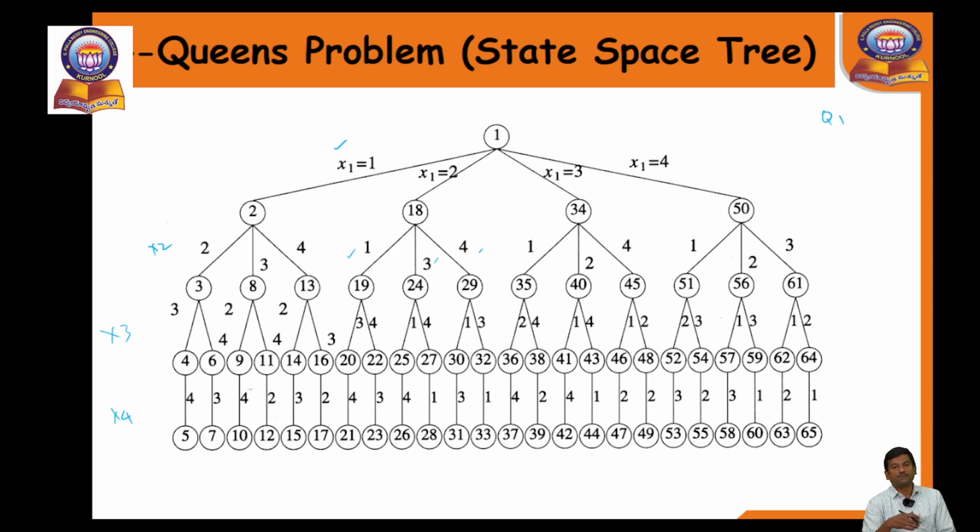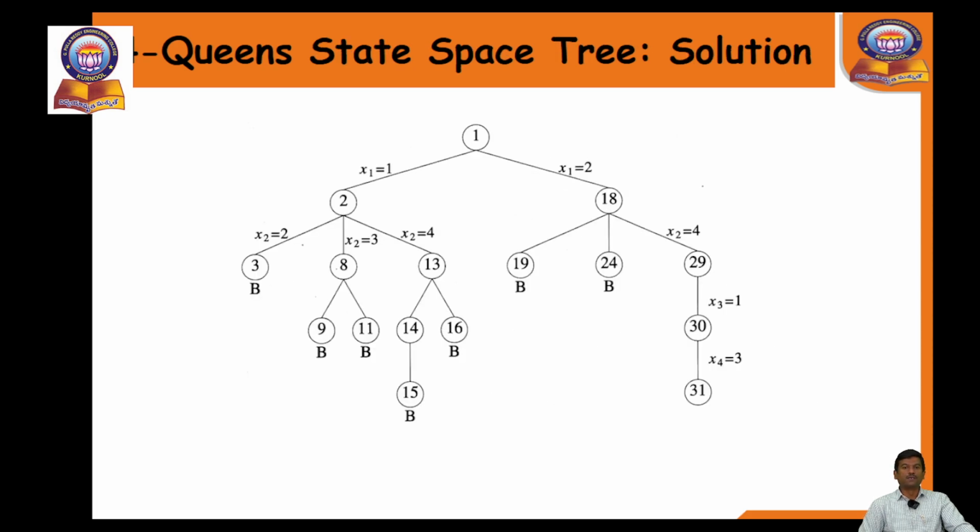In this fashion, you'll be filling out all possible paths which are available. In total you can observe that there are around 65 nodes present in this kind of diagram. So this is not actually the concept of backtracking. This is your state space tree diagram, showing the possible paths available to solve the 4 queens problem. The final solution will be obtained using the backtracking concept.